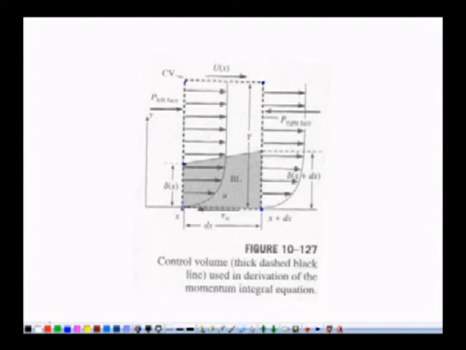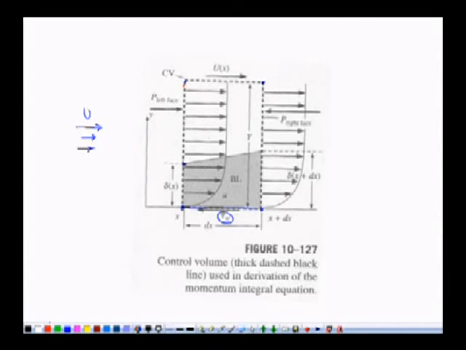This is a solid plate where shear stress will be offered, and its value is written as tau w, and its direction will be naturally opposite to flow. Flow is taking place in this direction of magnitude u.